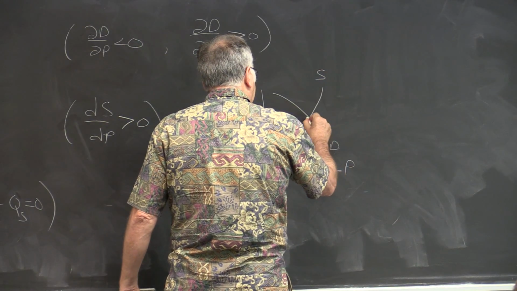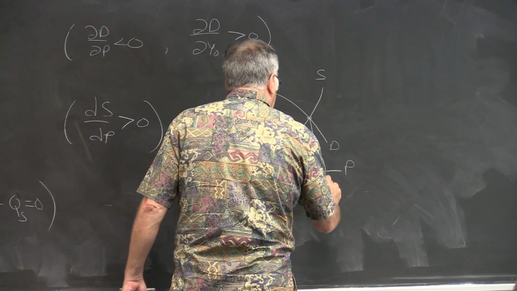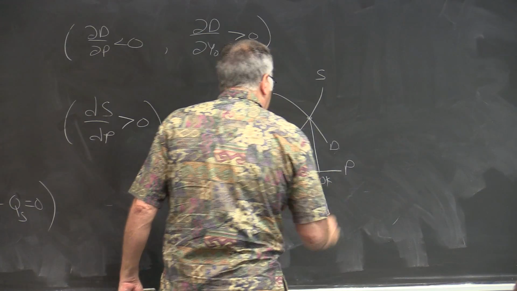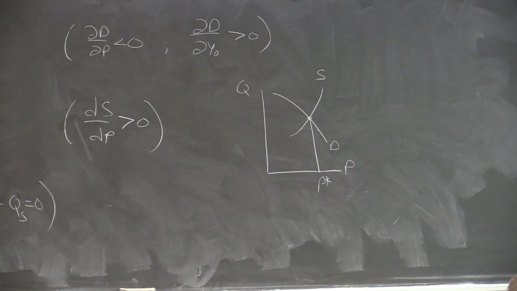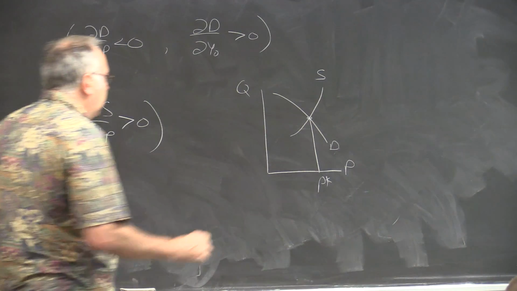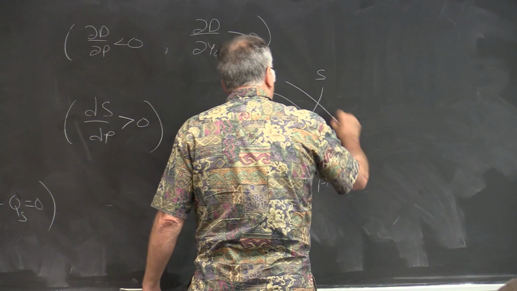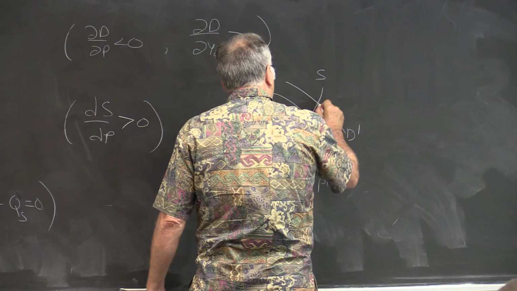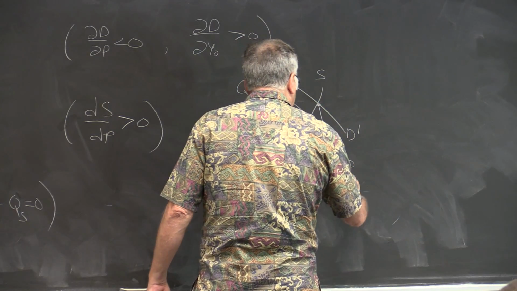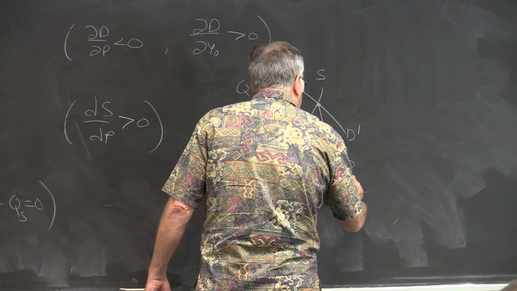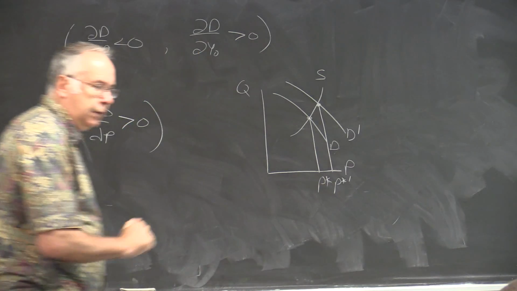Where they intersect, that's where your equilibrium price is. Now, as income goes up, what happens to that demand curve? It shifts to the right. And if it shifts to the right, the equilibrium price is going to rise. So this answer makes intuitive sense.